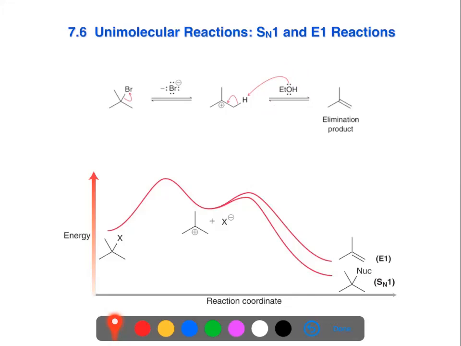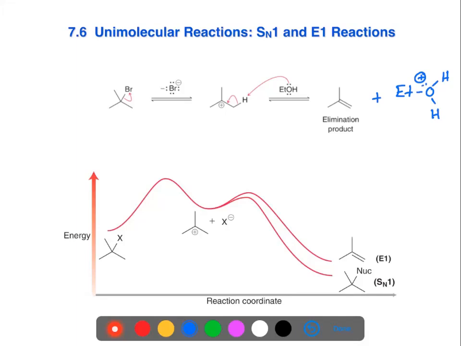What's not shown and should be shown in this particular mechanism is that we form a protonated alcohol. So that becomes one of the species that's present in your reaction mixture after the elimination product is formed, or as it is formed.